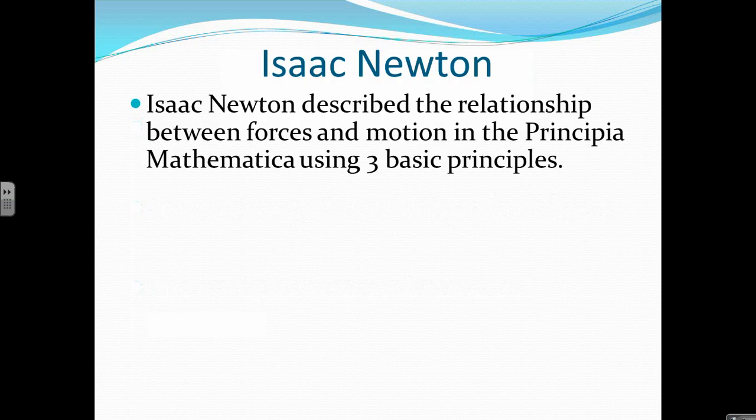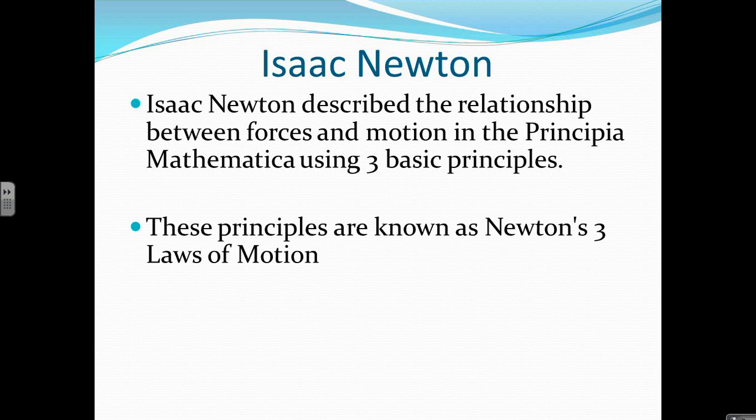Forces were first described by Isaac Newton, and he wrote a book called the Principia, which laid down primarily some of the most foundational concepts in physics. In there, he used 3 basic principles to identify how forces act and interact.